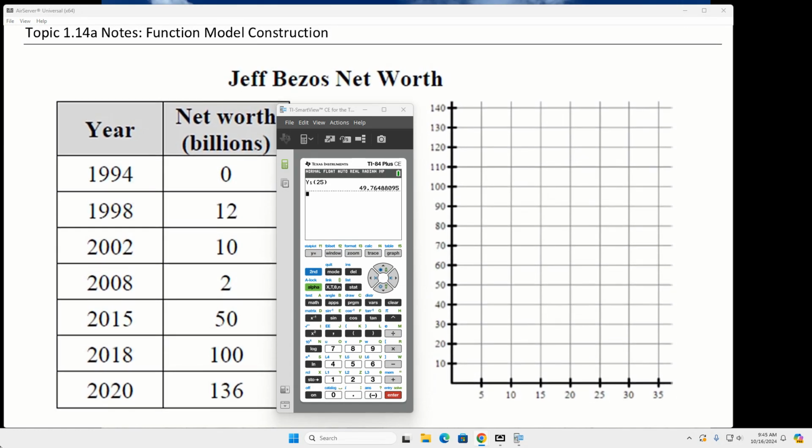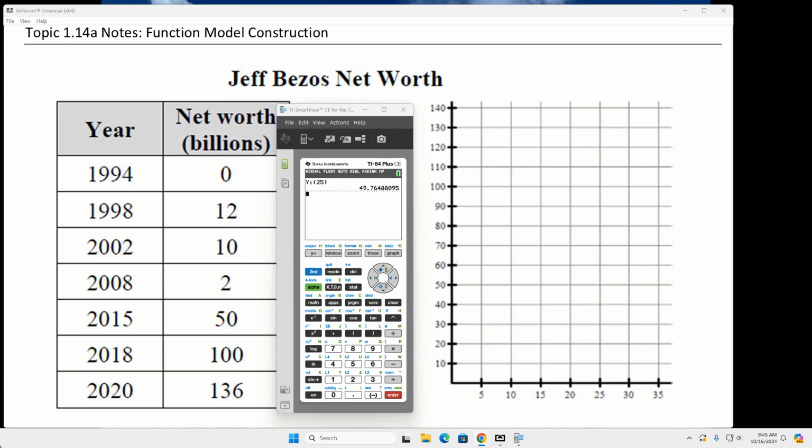So we're going to start by just graphing by hand Jeff Bezos' net worth. So if you look at the horizontal axis, which is going to be the time, there's not 1994 and all that. So what number do you think we should use for 1994? I would use 4.